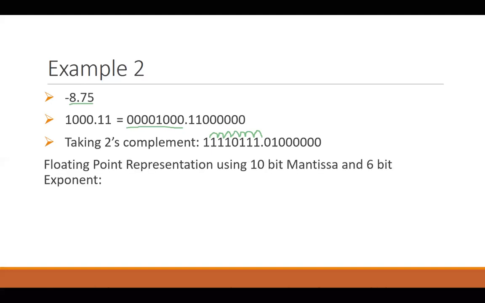Again I'm using the same format that I used in the previous example, a 10-bit mantissa and 6-bit exponent. So the value of my exponent is 7 since I have made 7 jumps, and the first 10 bits of my value have become my mantissa.